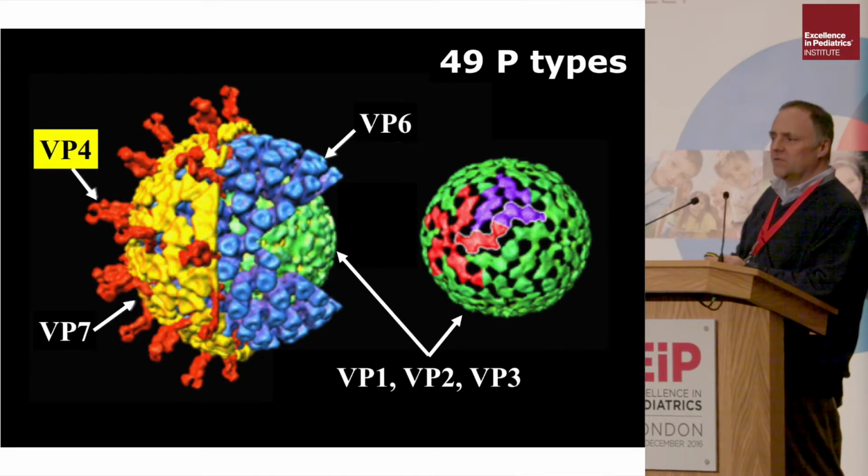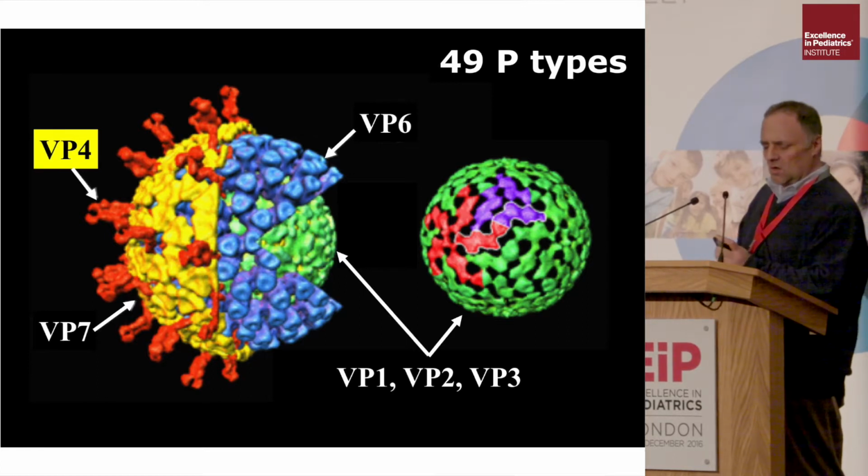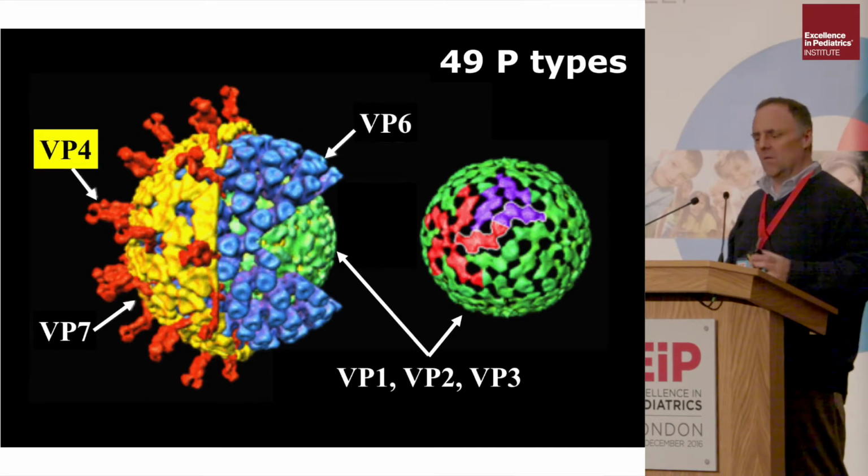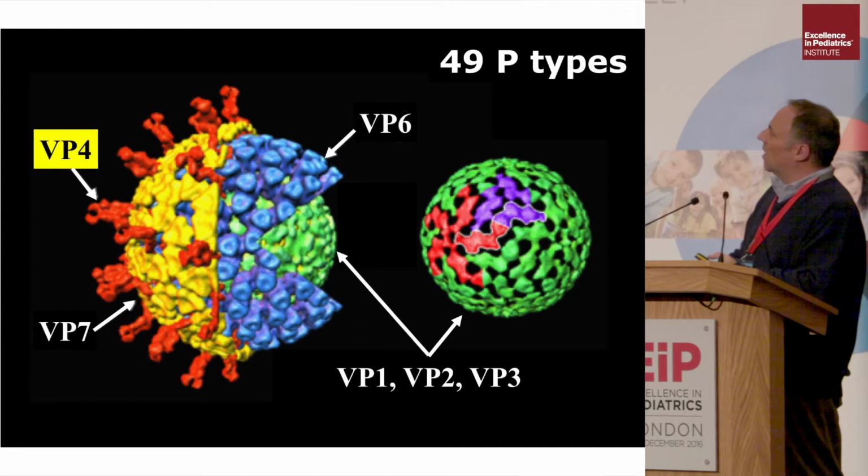And every year that number grows. 48 and 49 come from bats, and our nomenclature committee has to designate new ones with fairly strict definitions. Most of these types, or all of these types, are at the most 80% identical to each other on the amino acid level, but there are quite a lot of differences there.